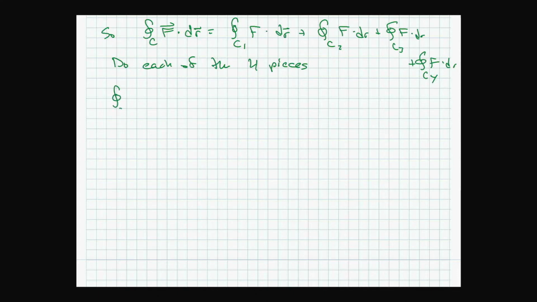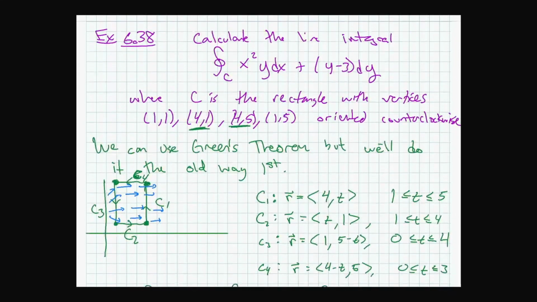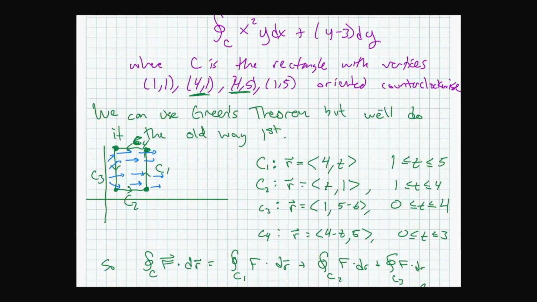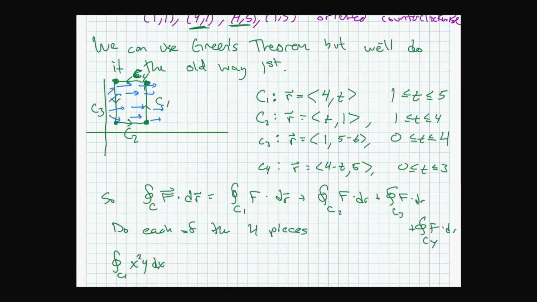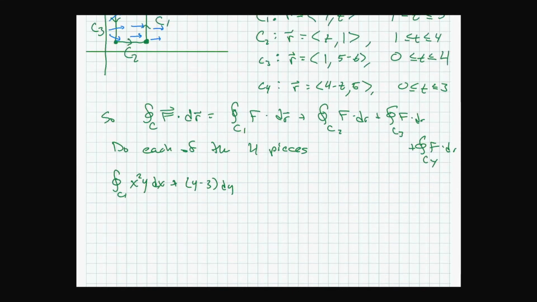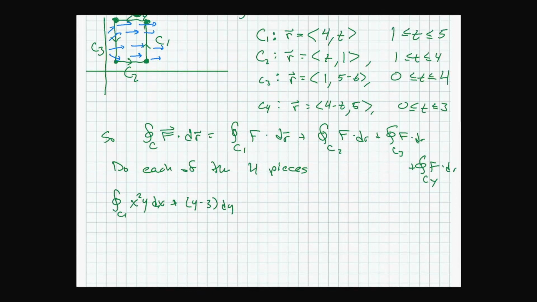So the line integral over C1 of f. What is our f? x squared y dx plus y minus 3 dy. Okay, and we're doing C1. So for C1, this is your r, right?